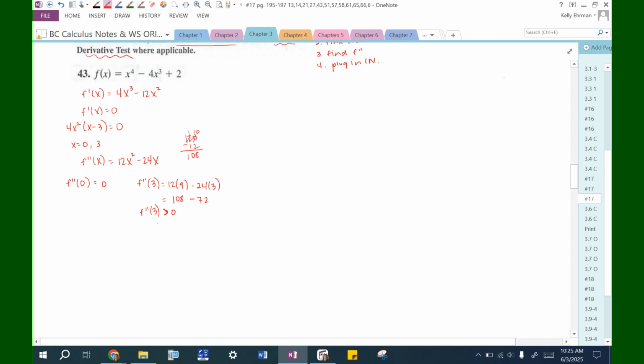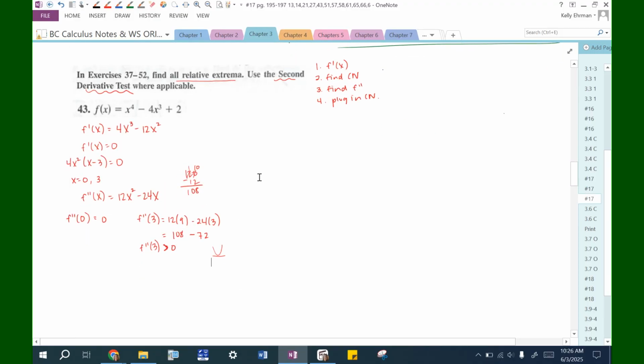So I can say this, because f double prime is greater than 0, I still have to sketch this for myself. It means that there would be a relative minimum happening because the graph is concave up. Graph of f is concave up here, so there's a relative min. I know there's a horizontal tangent in concave up. So I can say find all relative extrema.